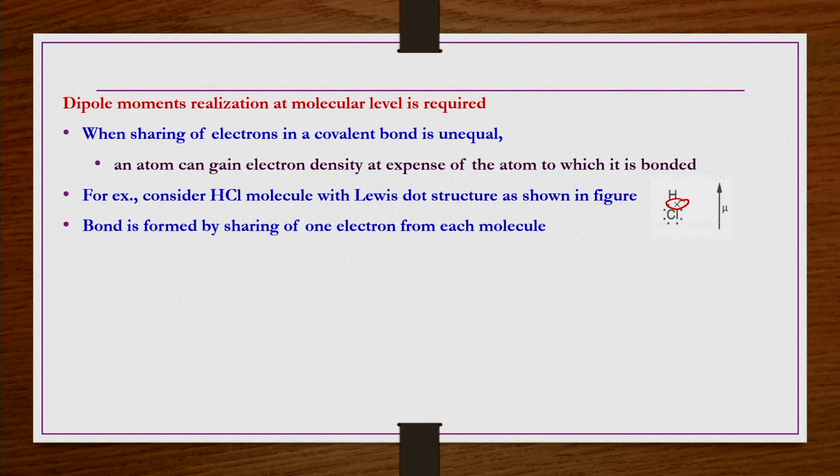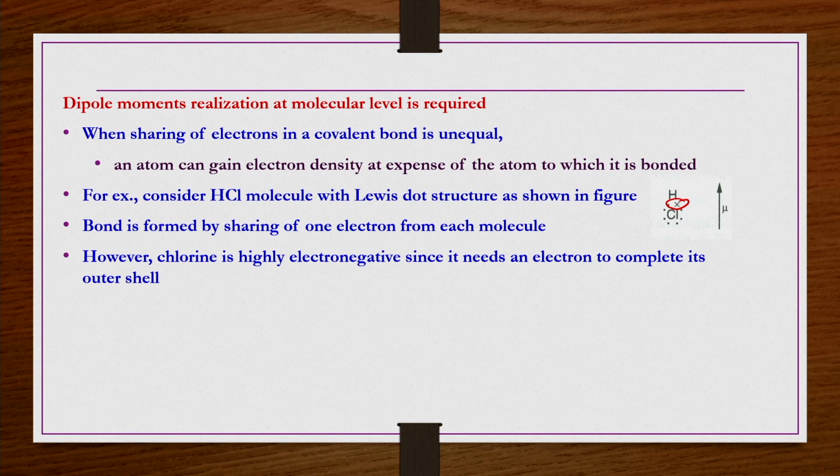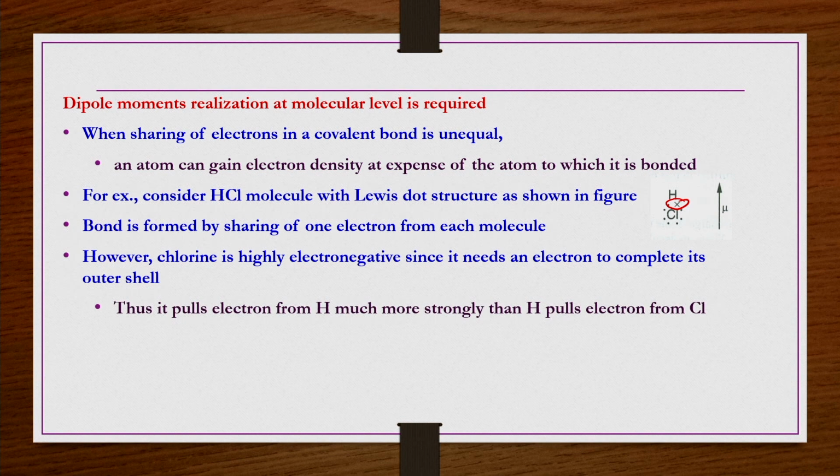The bond is formed by sharing of 1 electron from each atom. However, chlorine is highly electronegative since it needs an electron to complete its outer shell. Thus, it pulls the electron from H much more strongly than H pulls the electron from Cl. In other words, electrons are not shared equally.